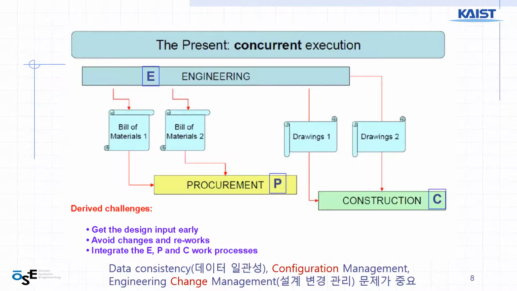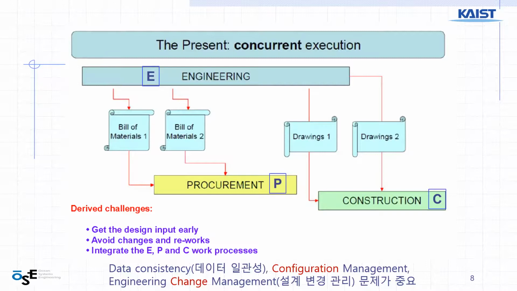And then integration among the EPC work process. In the old days, with sequential activity, there was less need for integration. But now, because it is going parallel, concurrent, they should communicate more tightly, because there are changes which affect the other parts of EPC.